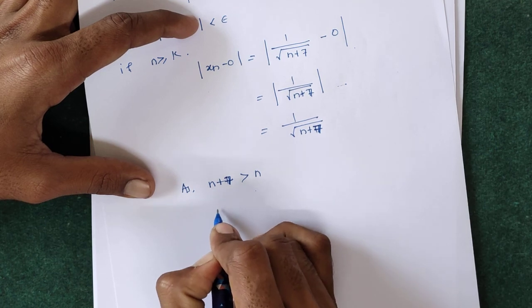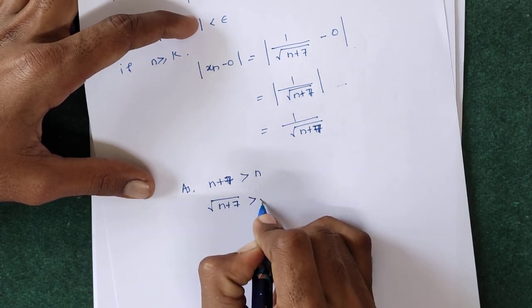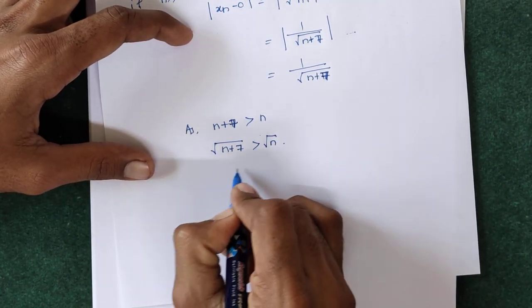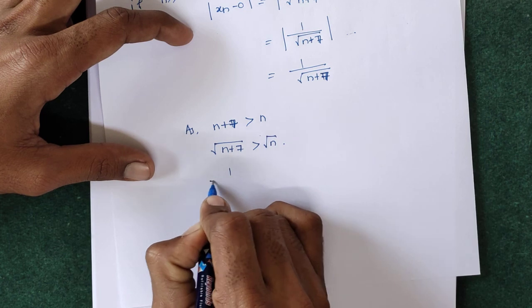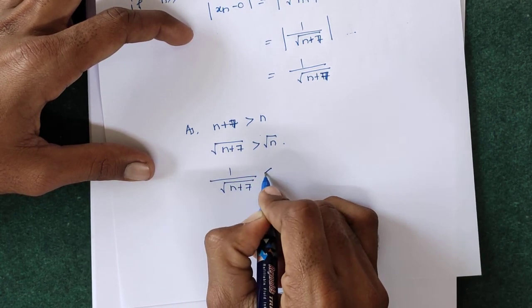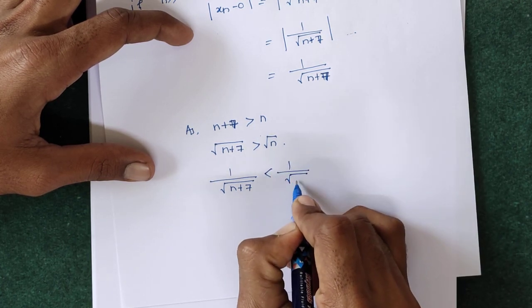Now if we take the square root, then square root of n plus 7 is obviously greater than square root of n, taking the positive square root. After taking the reciprocal, the inequality changes, so 1 upon square root of n plus 7 is less than 1 upon square root of n.